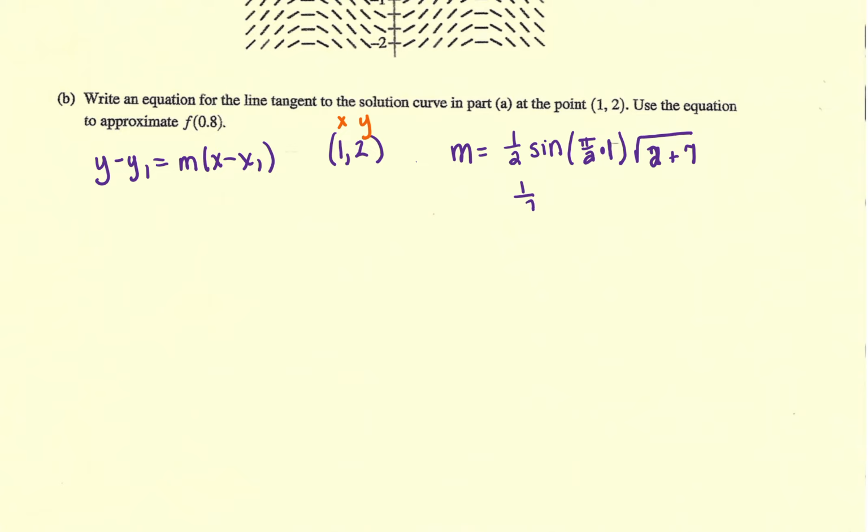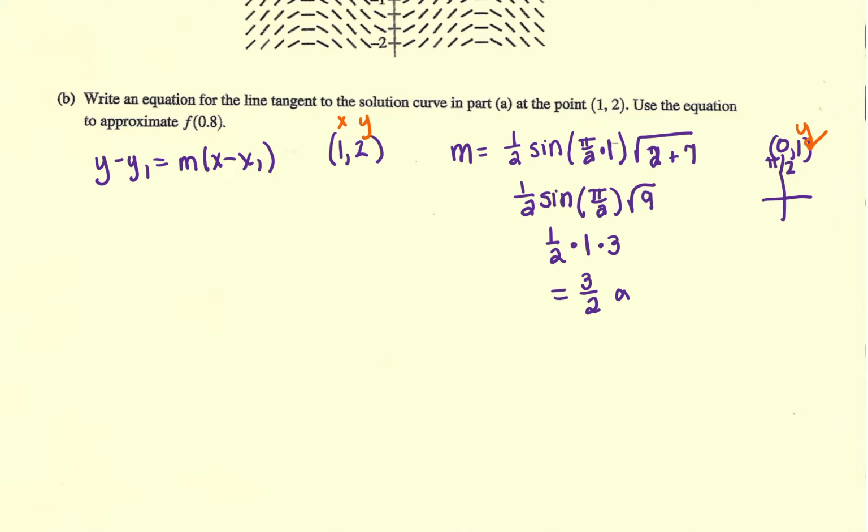So that's 1/2 the sine of pi over 2 times the square root of 9. Think about the sine of pi over 2. Use your unit circle. Pi over 2 goes with the ordered pair (0, 1). You also know that sine is the y value, which in this case is 1. And the square root of 9 is 3. So I get 3/2 for my slope, or 1.5.